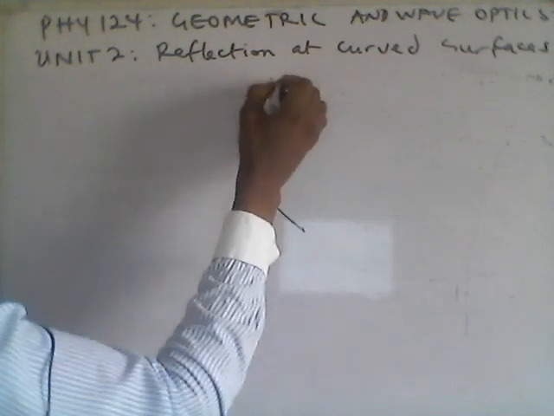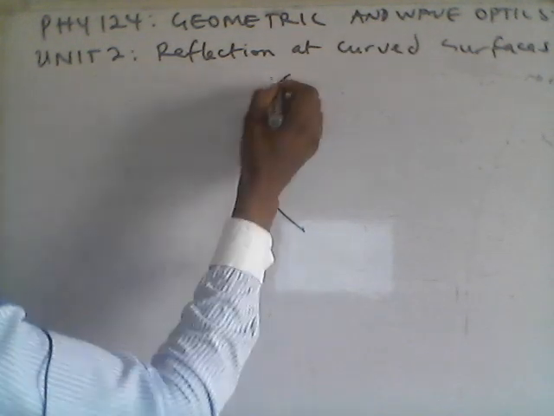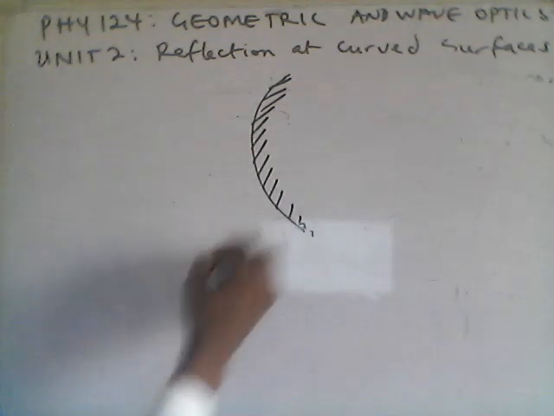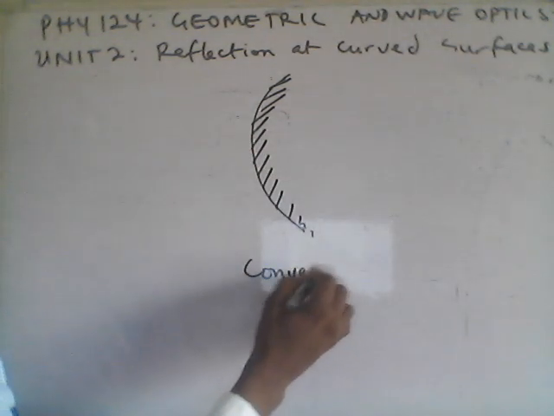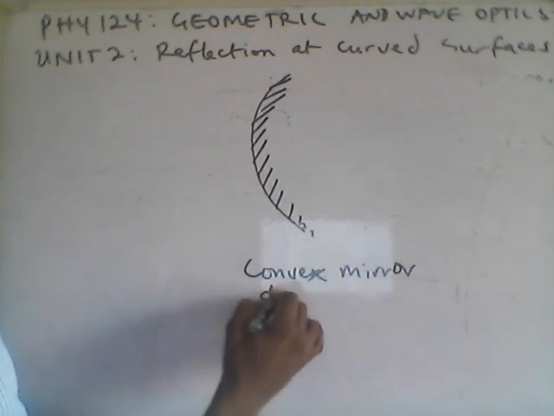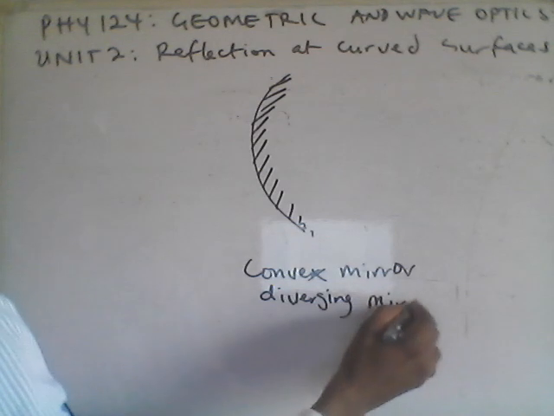The convex mirror is drawn like this. Like I said, the reflecting side is curved outwards, and the coated side is curved inwards. Convex mirror is also called a diverging mirror. Okay, so this is how it is.